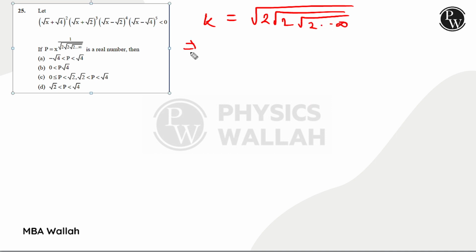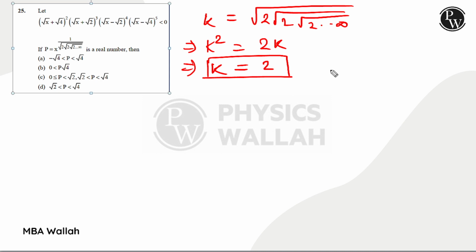What I'm going to do is square both sides of the equality, so I'll get x square is equal to 2 times k, or I can also say that k is equal to 2. Now this is my first idea, because k can never be equal to 0, so the only possible value that I can get for k is 2. Now this typically means that this p will be x raised to the power half.